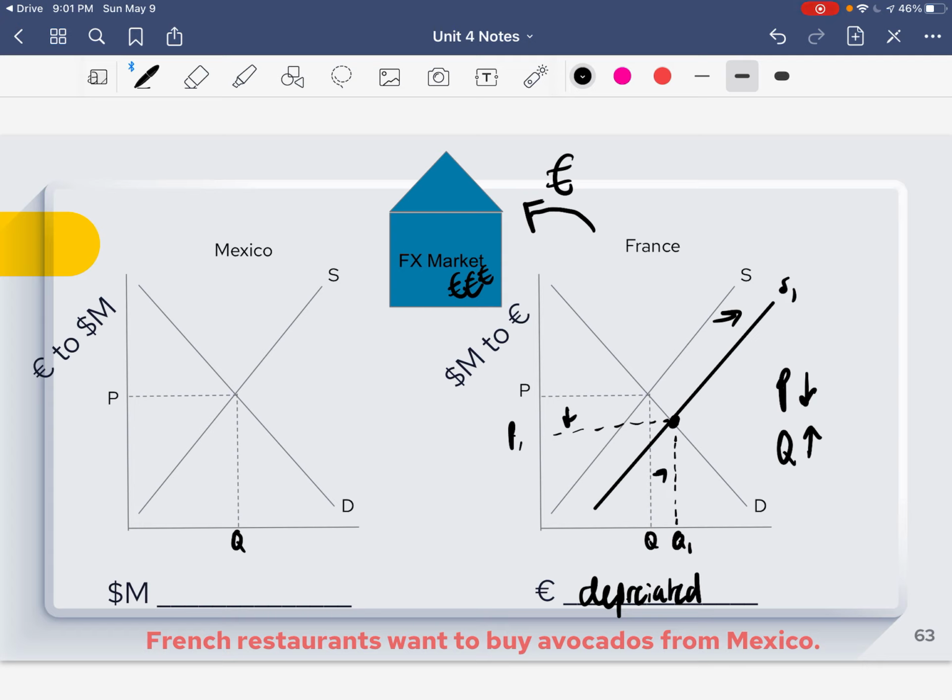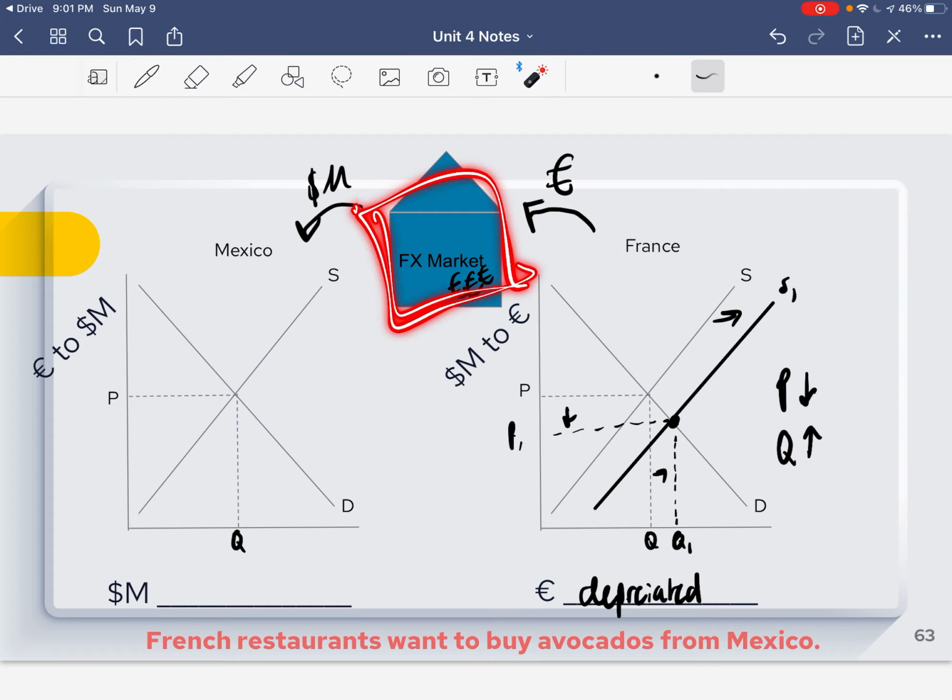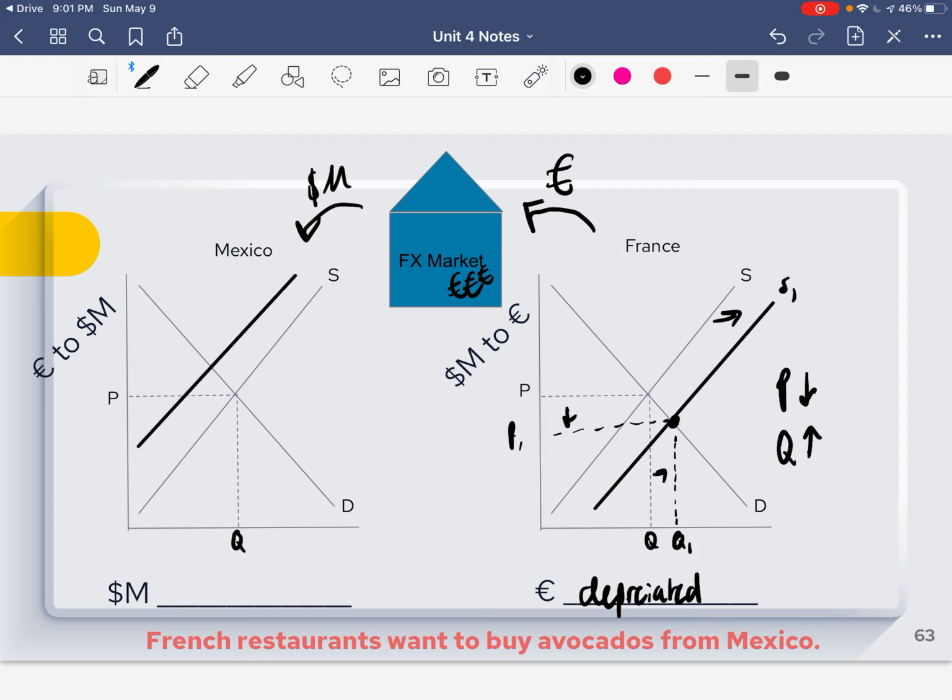Now, when these French restaurants exchange their money, pesos that were once in this foreign exchange market are flowing out this way. So there goes the Mexican pesos. They're no longer in this little bank. They're going out to the avocado farmers. So that decreases the supply of Mexican pesos available.